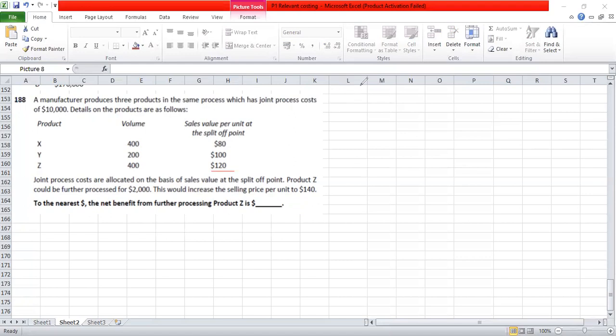Let's write the solution. 188. Sales value at the split off point is equal to 120.